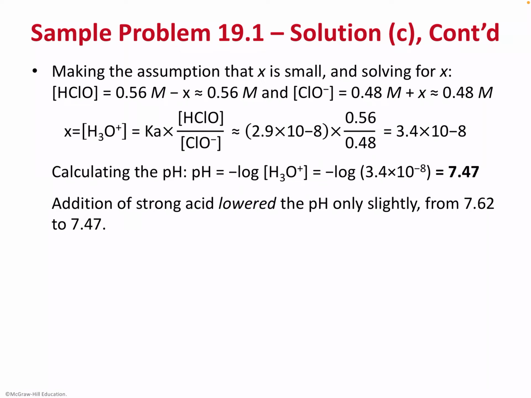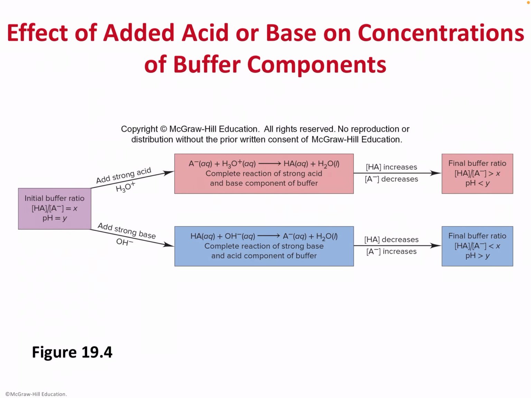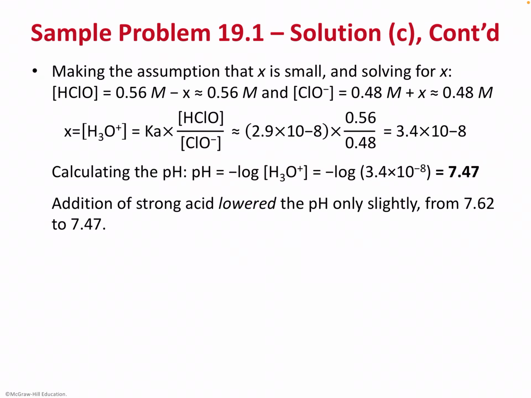So this is how we calculate the pH after adding acid or a base to a buffer system. And you saw that the change is very slight, only 0.0 something amount. Okay, so we can stop our session here.